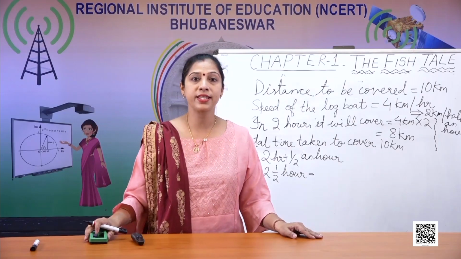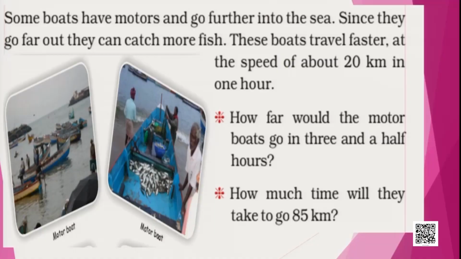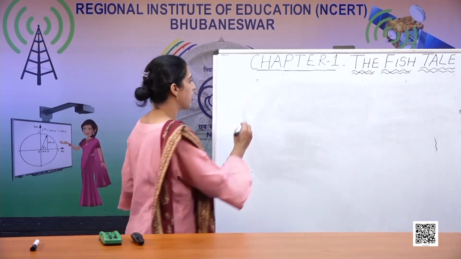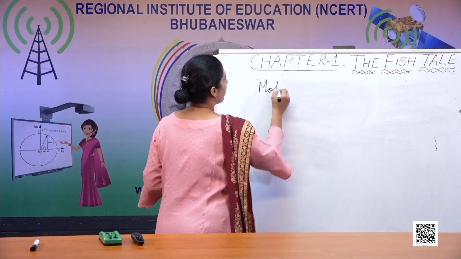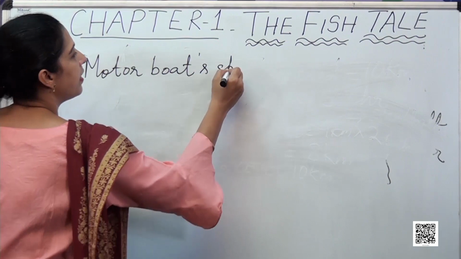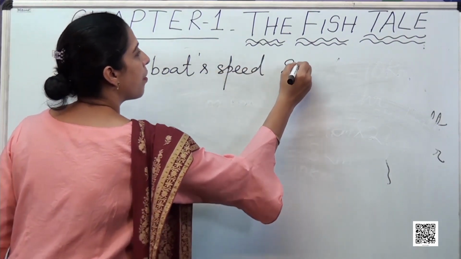So that means they can go deeper into the sea, and that is why they can catch more fish. So the question is, how far would the motorboat go in 3.5 hours? Now the speed of the motorboat is generally 20 kilometers per hour. So the first question, how much distance will it cover in 3.5 hours?